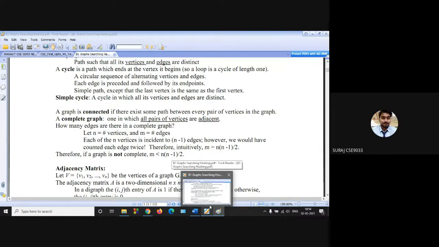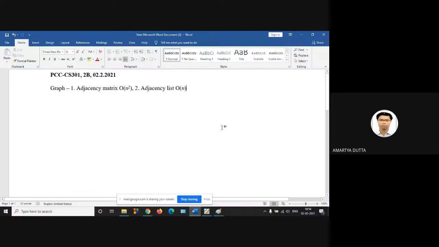Okay. So, what do you mean by degree? Anyone? The number of edges. Yes, the degree of a vertex is the number of edges incident to that vertex.